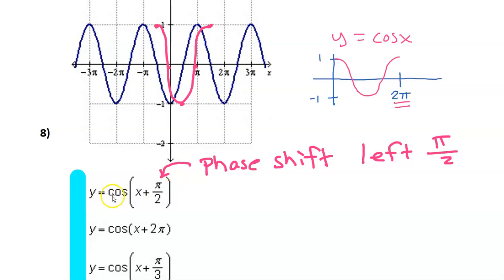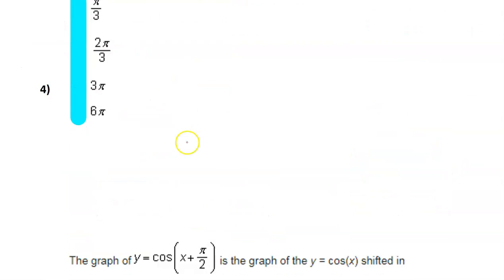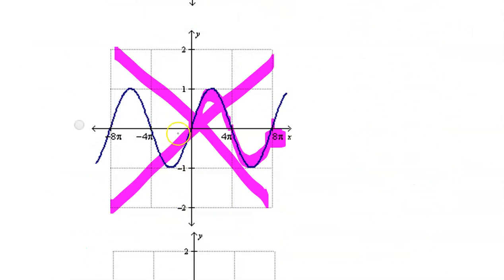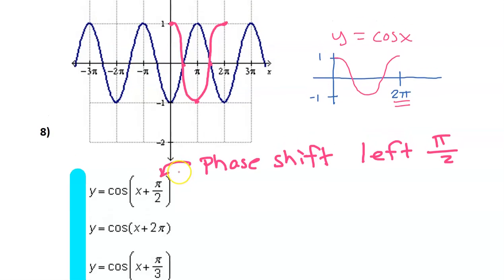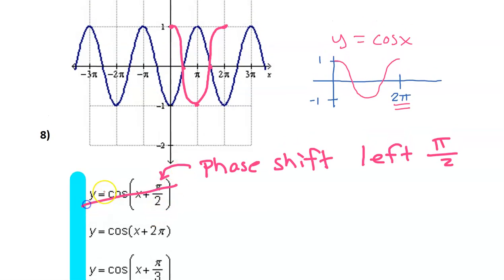If this is the answer, this should match the picture perfectly, but it doesn't. So I'm going to put this back, and we've eliminated one of the answers.